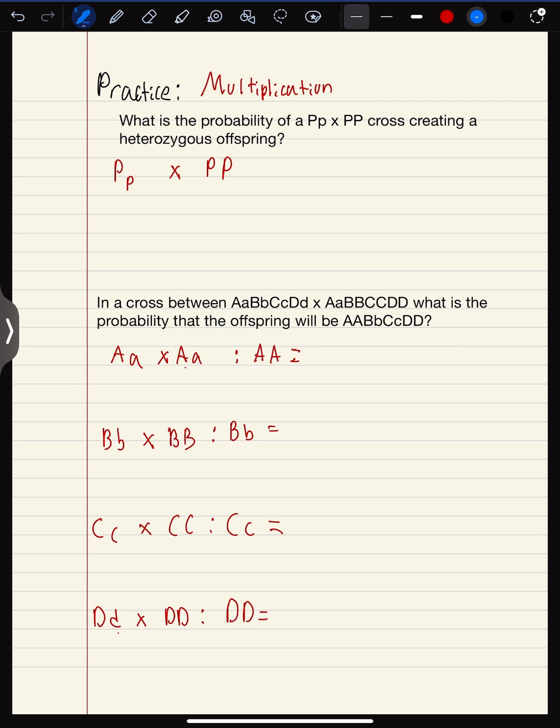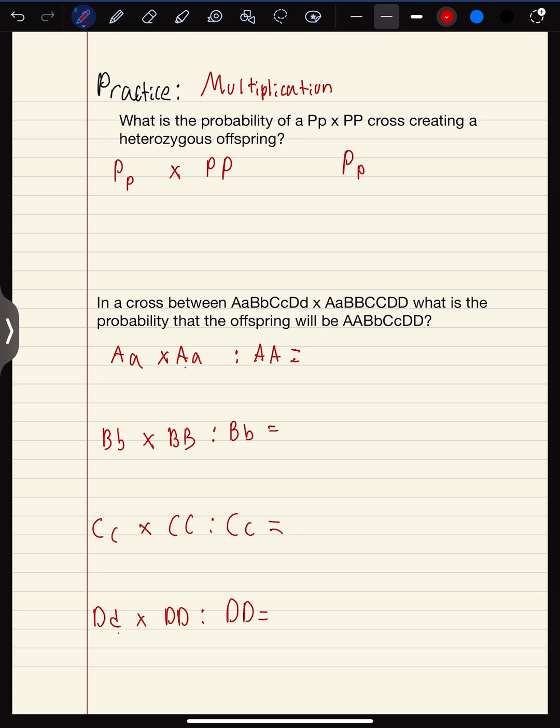So this is going to be practicing multiplication. What's the probability of a big P little p times a big P cross creating a heterozygous offspring? So we are looking for a big P, let me change the color, a big P and a little p in our offspring. So multiplication, we can think about this as each one of these having a chance of giving the necessary requirements.